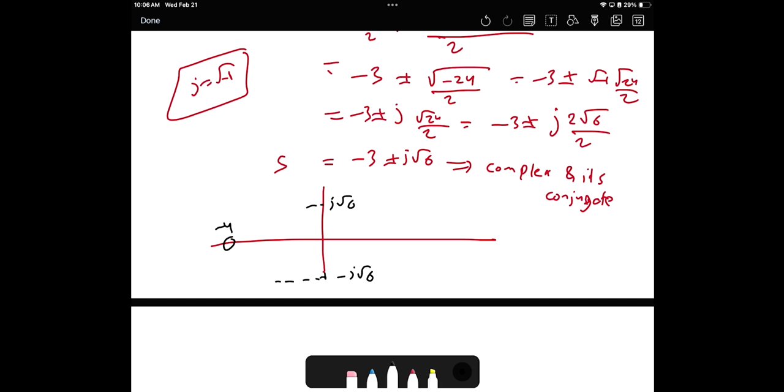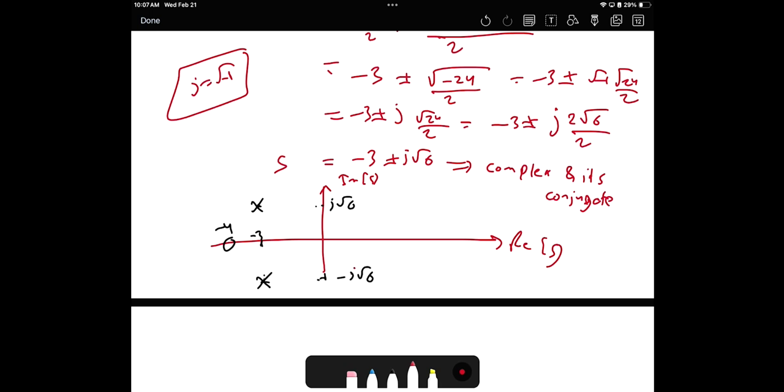Then for the real part at negative 3, here is negative 3. Then the intersection comes here, and this is the location. I can just erase this line to make sure we know where we are. This is the real part of s, and this is the imaginary part.